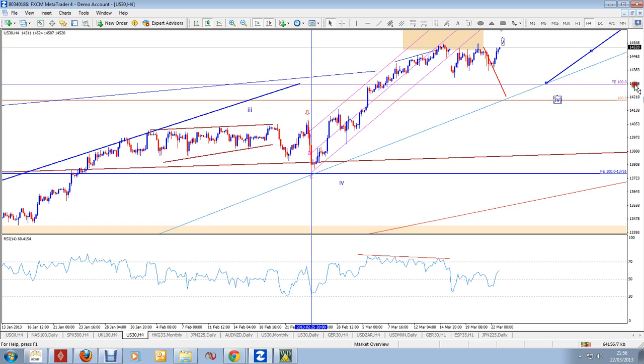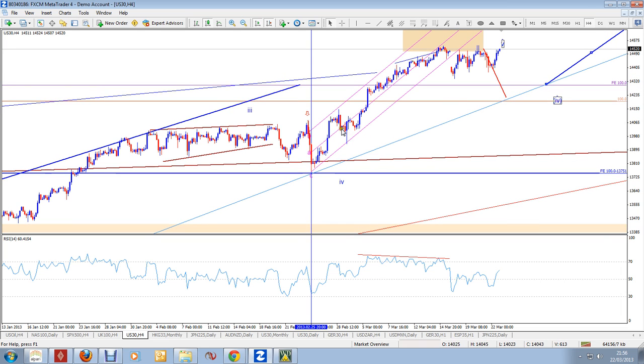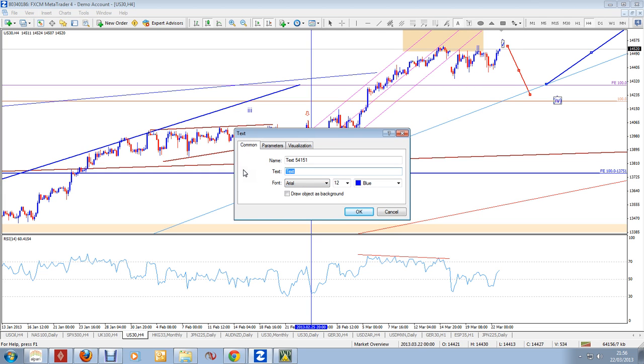The reason is that if this is minor 1, minor 2, then this is minor 3, and since then all this here I think is possibly minor 4. So I would label that here as minor 4.